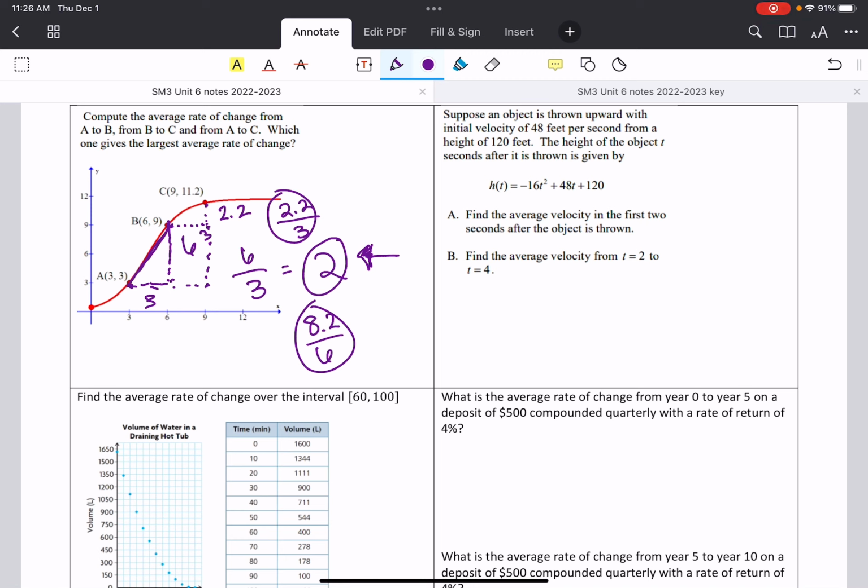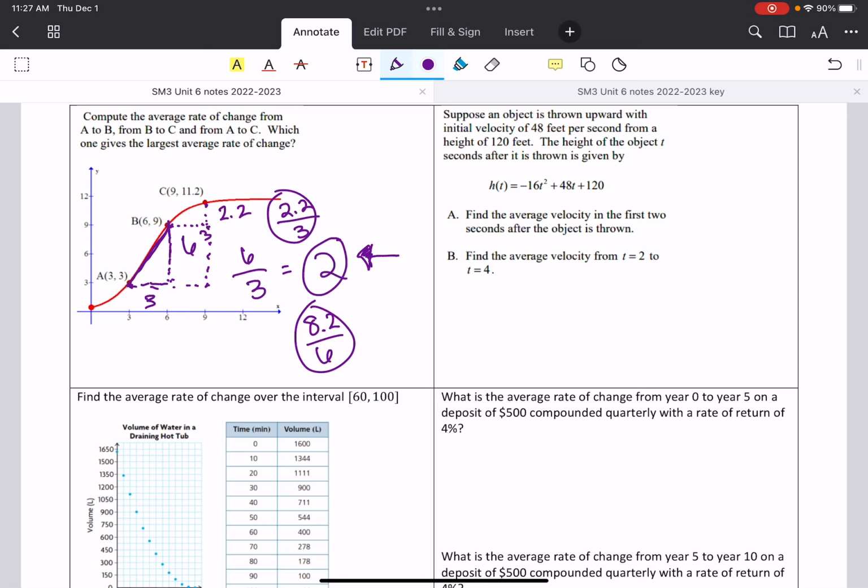So the point of this is, you can also see on the graph why it is bigger. What does it mean by the slope being bigger? It's closer to being vertical.